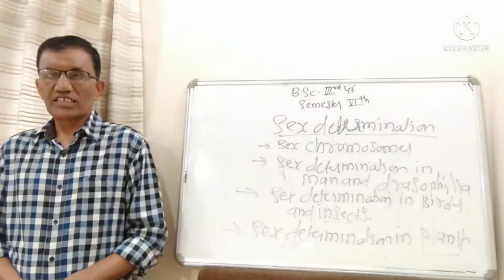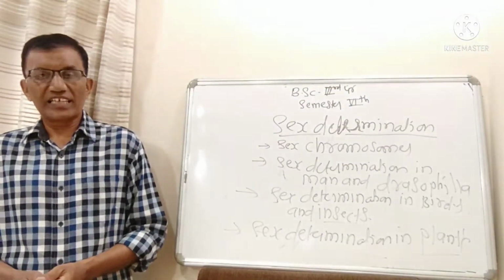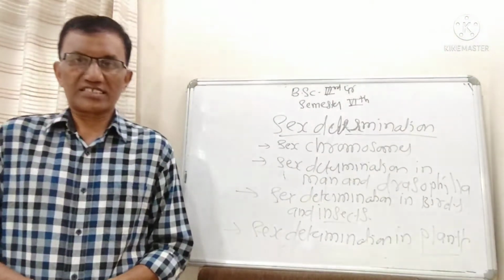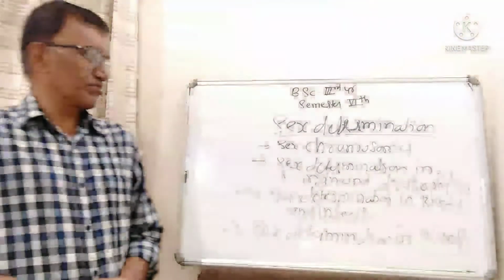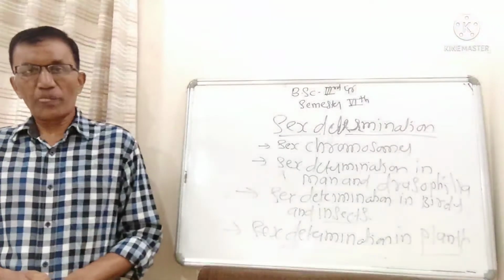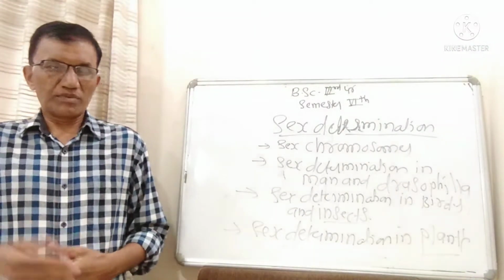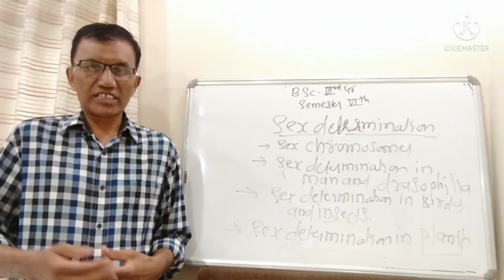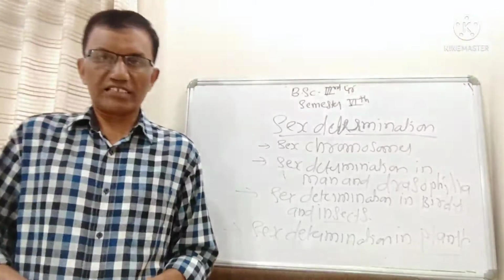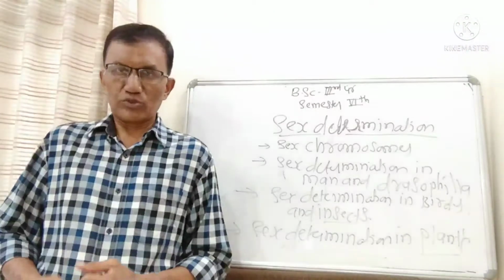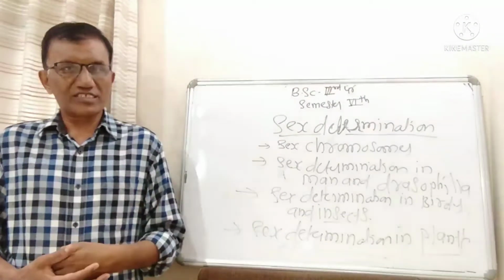In biotechnology, very little syllabus is there: recombinant DNA, cloning, vectors, and application of genetic engineering in plant breeding. We will cover all these within 2 to 3 classes, because your exam is going to commence from 29th of July. Therefore, within 4 to 6 periods, I am going to complete all this syllabus.